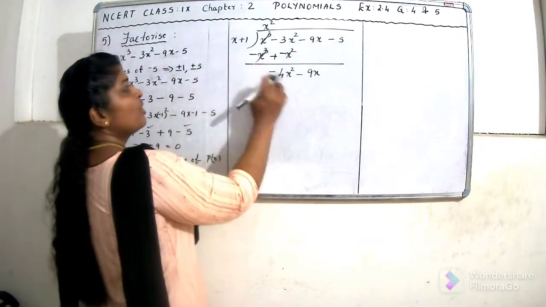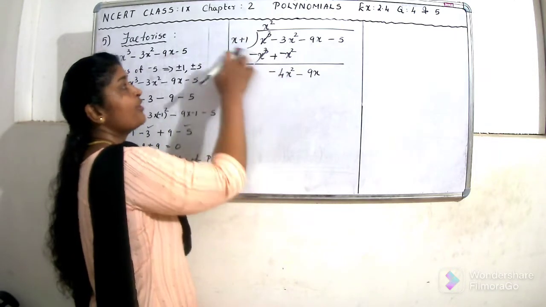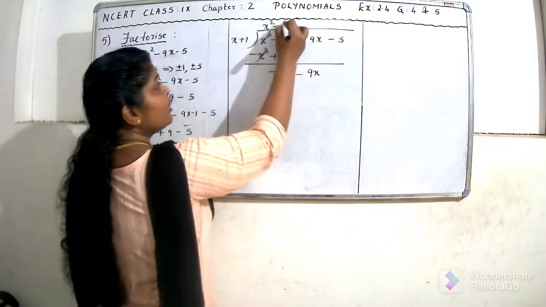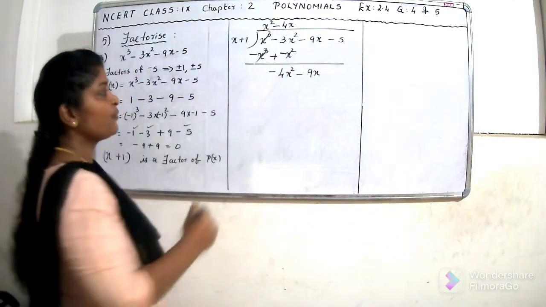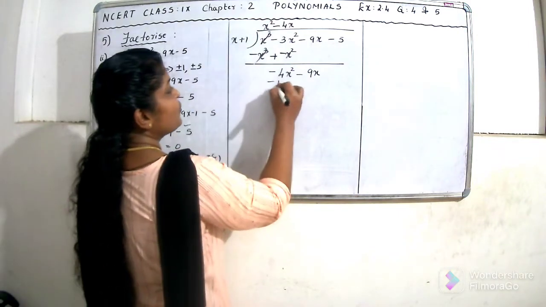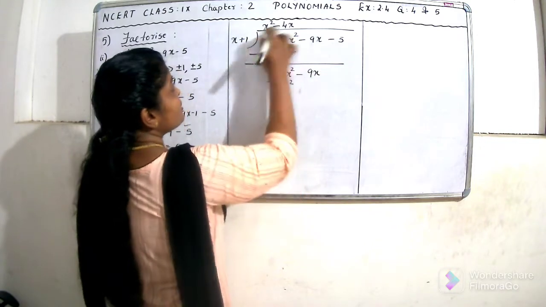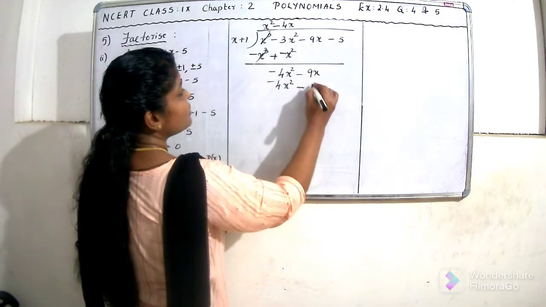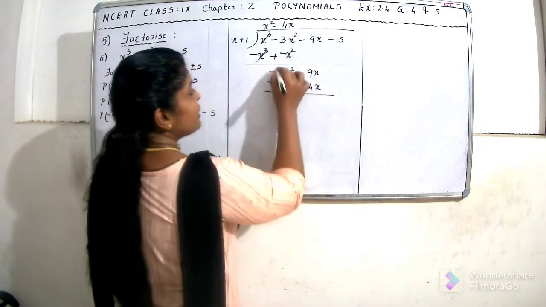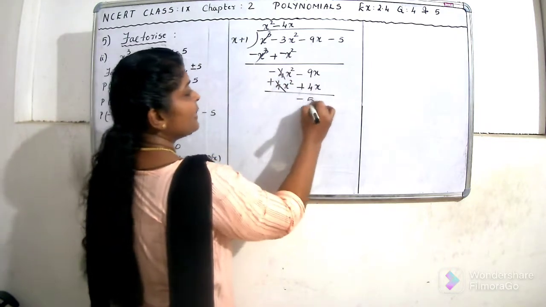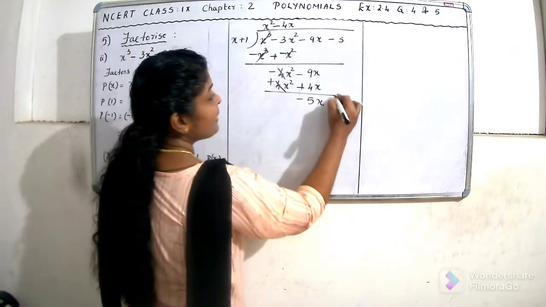Now with x, which number do we multiply to get negative 4x square? 1x is already here, so negative 4x. Negative 4x square, positive into negative, negative 4x. Subtraction, signs are changing, these two are eliminated, here we will get negative 5x. Chance to the next number, minus 5.